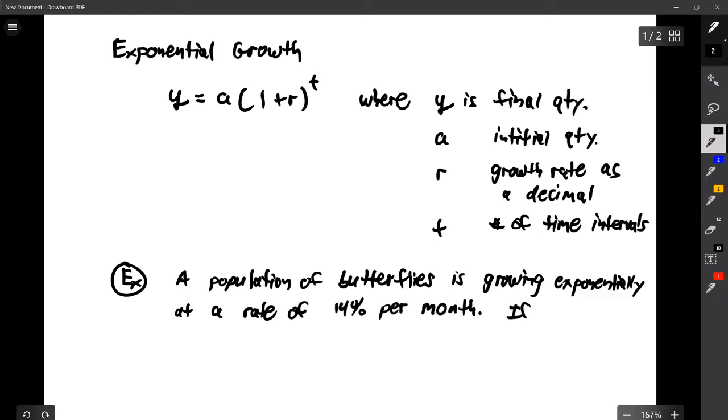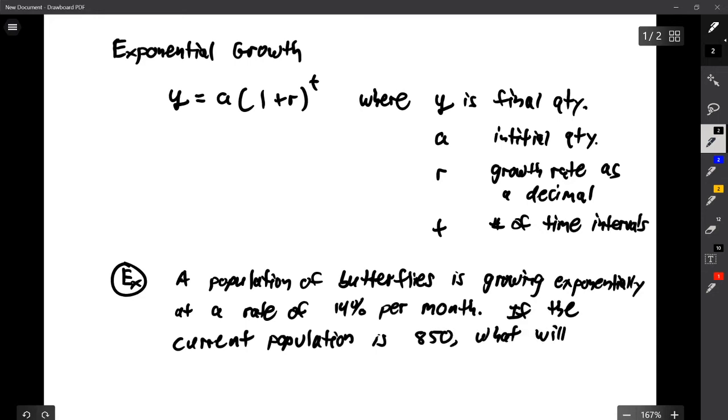If the current population is 850, what will be the population in 1 year?